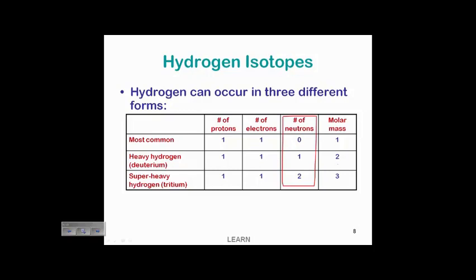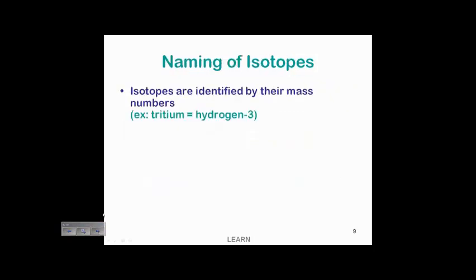So it has different molar masses depending on which isotope we're dealing with. Let me talk about the naming first. I name the isotopes by their mass numbers.